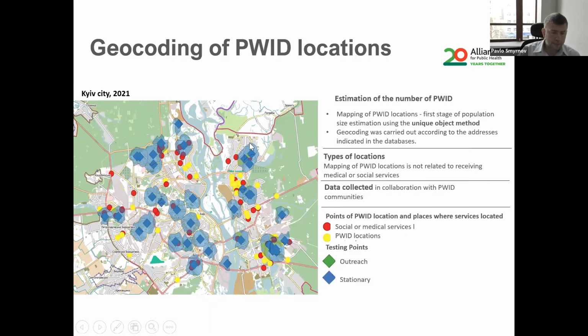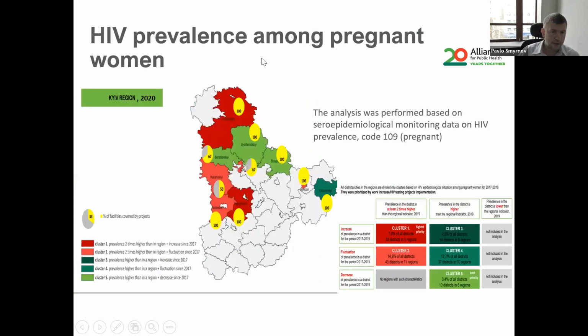Next. We also used another way to prioritize interventions regionally. This is, for example, data coming from national MIS treatment and testing data on pregnant women. You can see that an average number doesn't mean that it's average across all the regions.